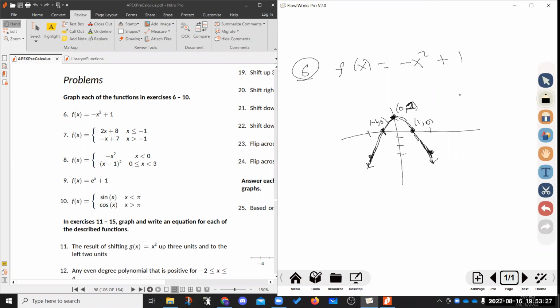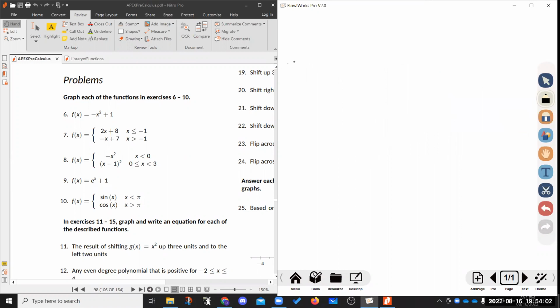Where this had been characteristic points of 0, 0, 1, 1, -1, 1, I took the opposite y value and added 1. So opposite of 0 is still 0, plus 1 is 1. Opposite of -1 is 1, 1 plus 1... actually, opposite of the y-value 1 is -1, -1 plus 1 is 0. And that's how I got this.